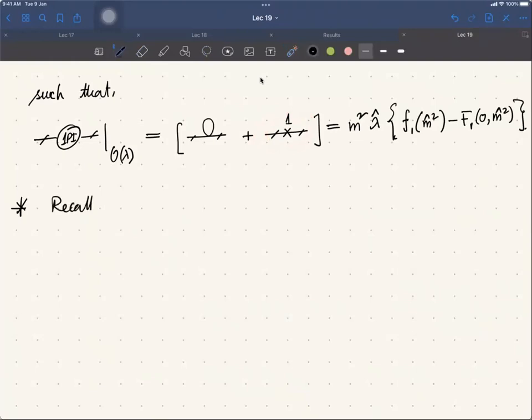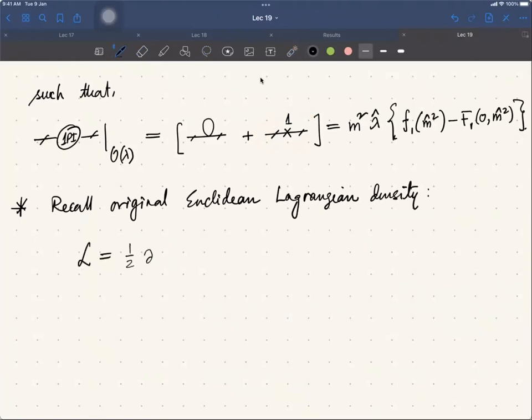Recall the original Euclidean Lagrangian density, and that's given by half del mu phi squared plus half m square phi square plus lambda by factorial 4 mu to the power epsilon times phi to the power 4.